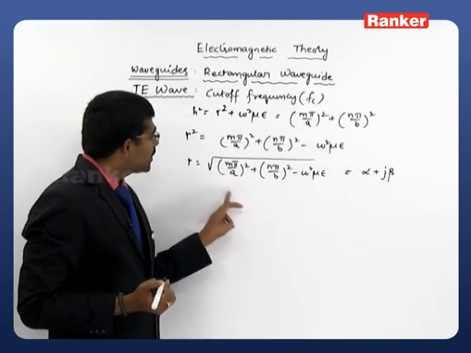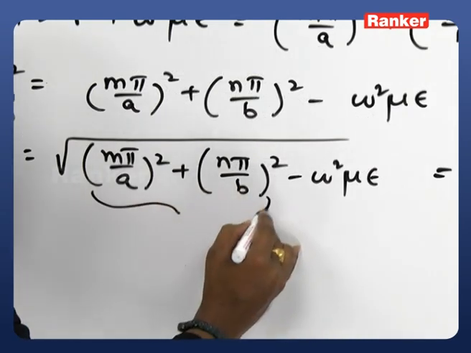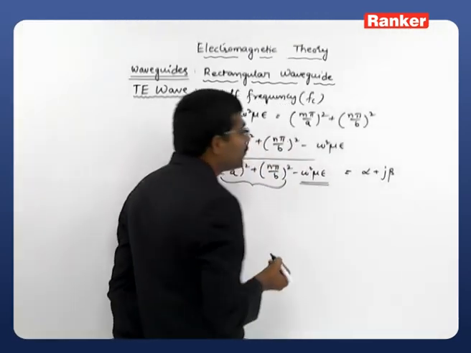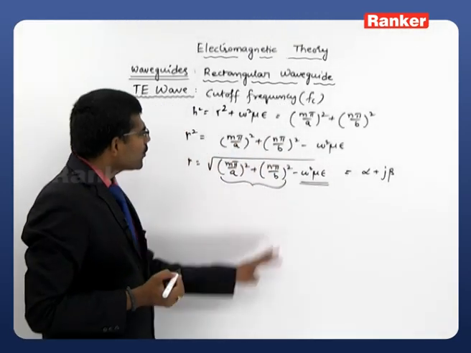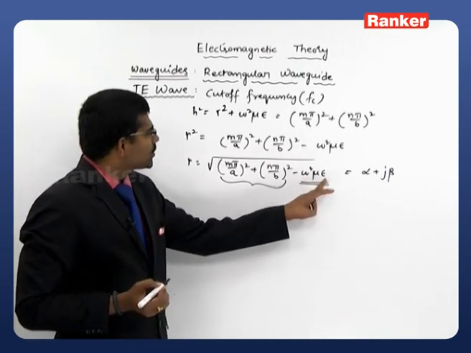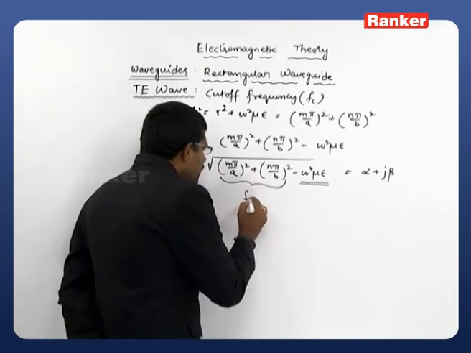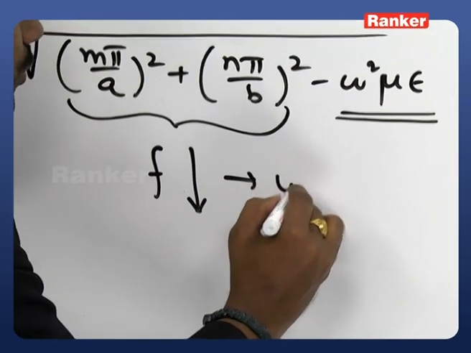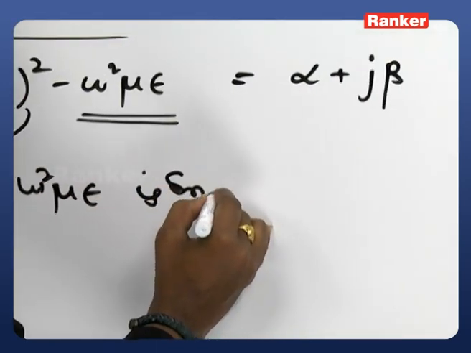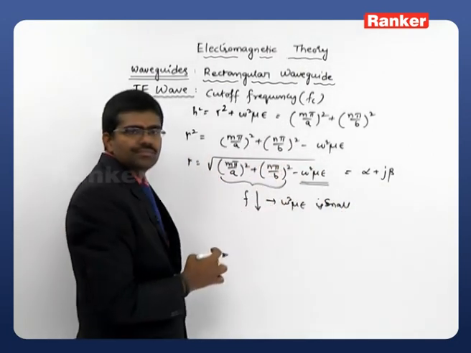Now examine this particular term. It is clearly related to the frequency. For lower frequencies, if the frequency is very less, omega square mu epsilon is less than this particular term. For small values of omega square mu epsilon, this entire term becomes positive, right?